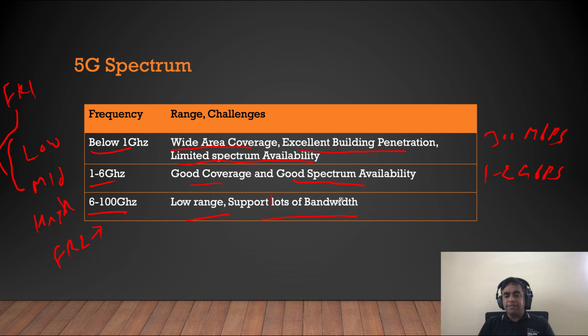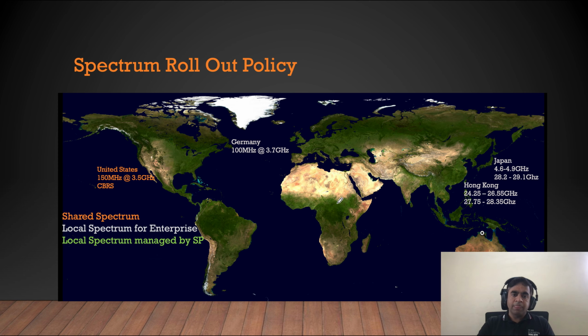So now let's have a look at the spectrum allocation policy around the world. From the previous generations to this generation, there are a few things which are changing. Earlier, whenever an enterprise wanted to deploy 5G services, they were supposed to connect with their telecom service providers.